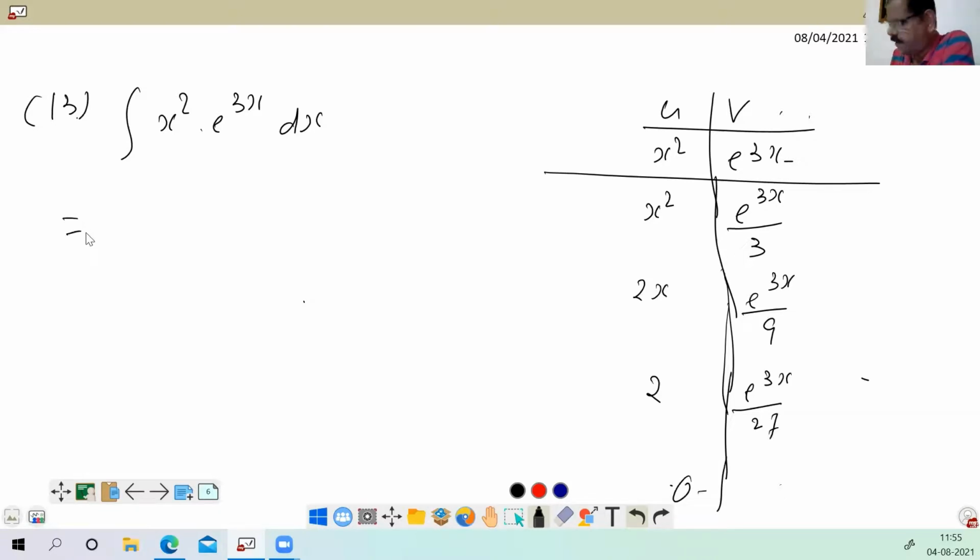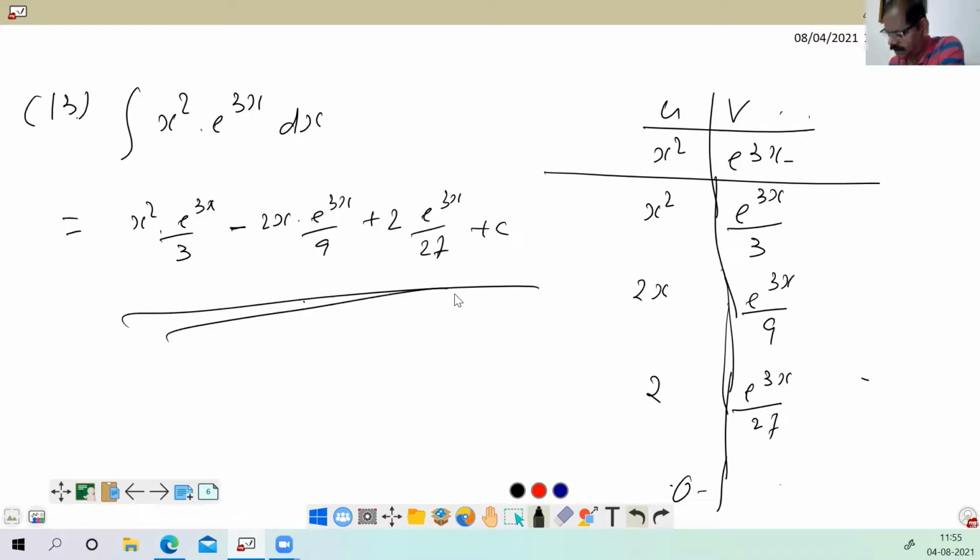So this is x square into e raised to 3x by 3. Next one is minus 2x into e raised to 3x by 9. Next is again plus 2 into e raised to 3x by 27 plus c. So this is the answer.